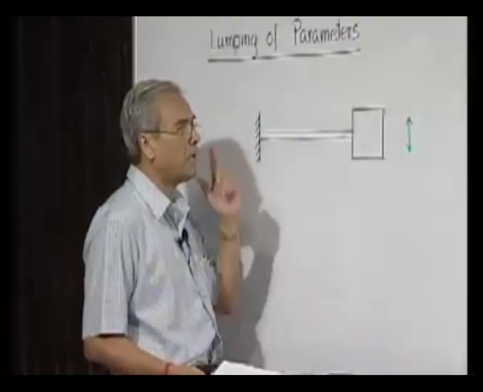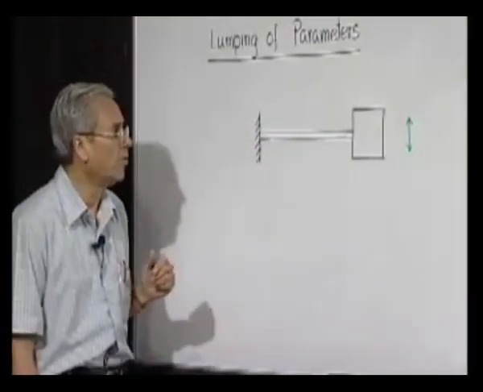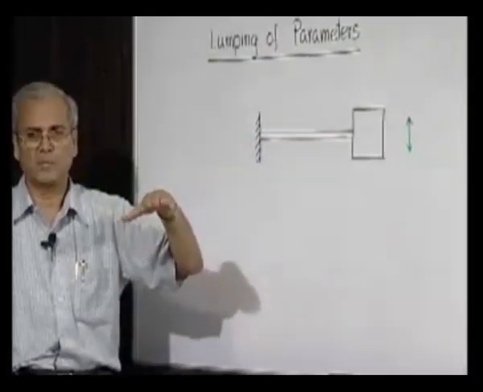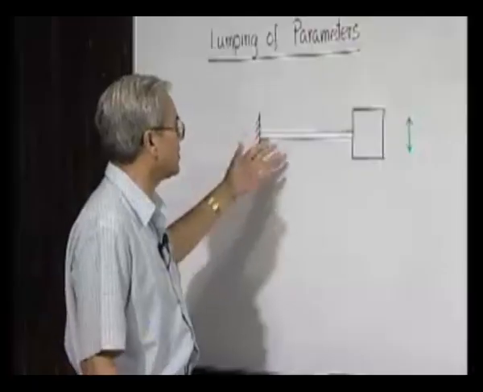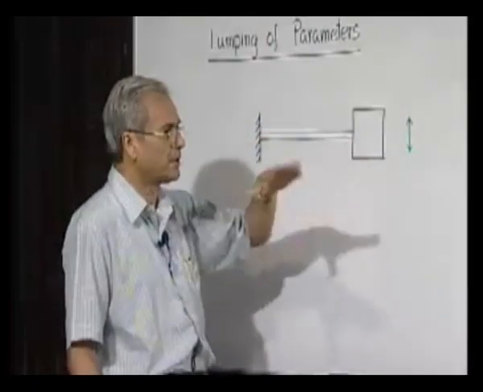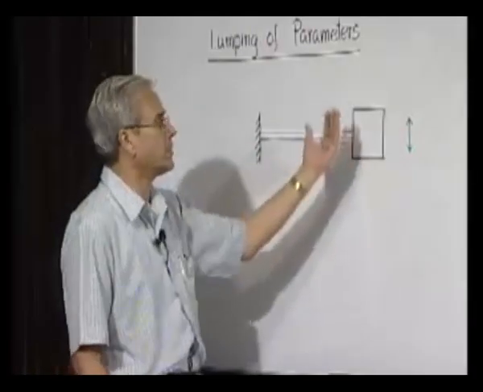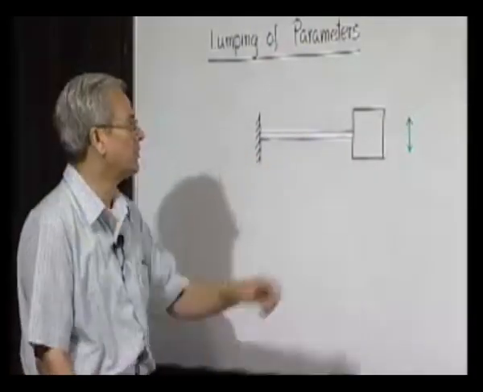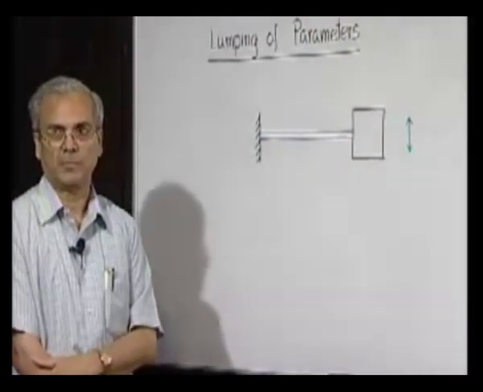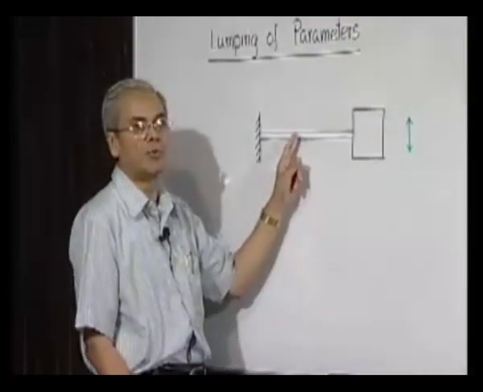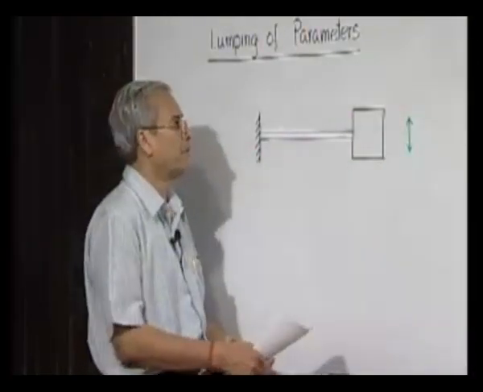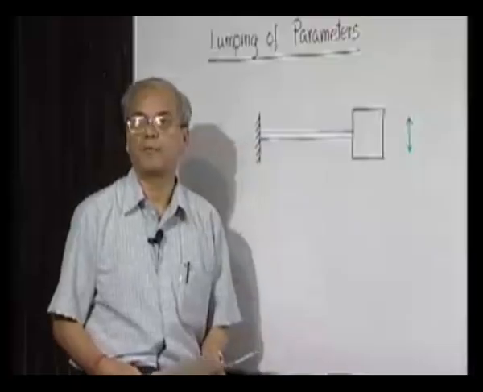But from engineering common sense, we know that this particular beam has a mass much less compared to the mass of this block, and the predominant job of this cantilever spring is to provide restoration to the system. That means if we displace it from its equilibrium position, it comes back to the original equilibrium position, and that is the job done by this. What this block is doing, of course, a block is also not a 100% perfectly rigid body.